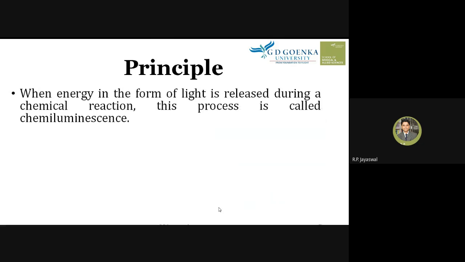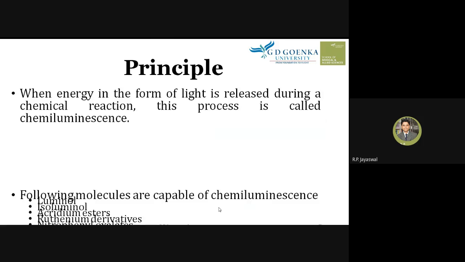The principle is when energy in the form of light is released during a chemical reaction, this process is called chemiluminescence. If you are able to record the light energy from the chemical reaction, then we can detect the target antigen or antibody in the given sample.